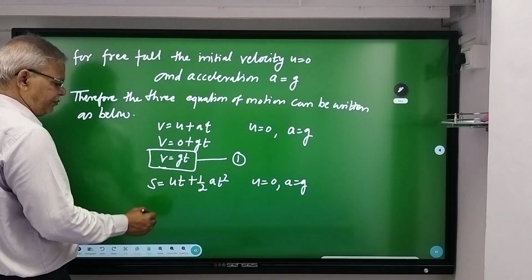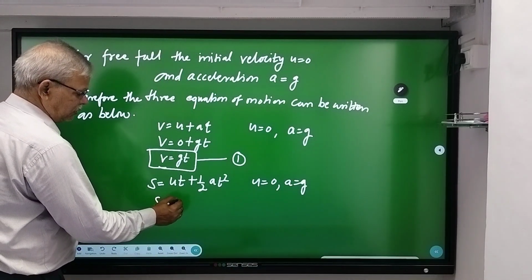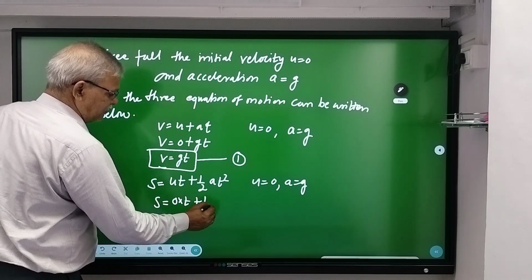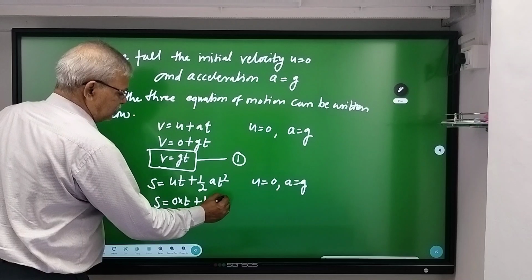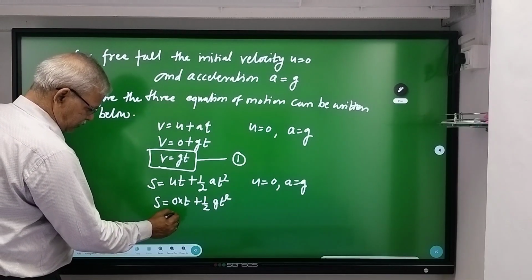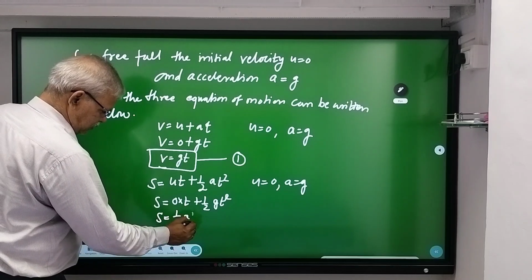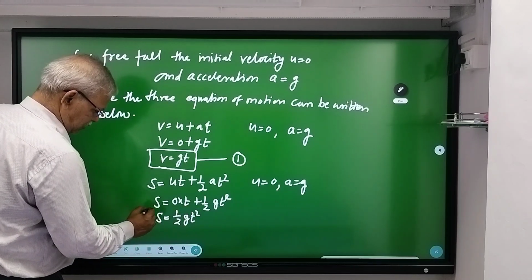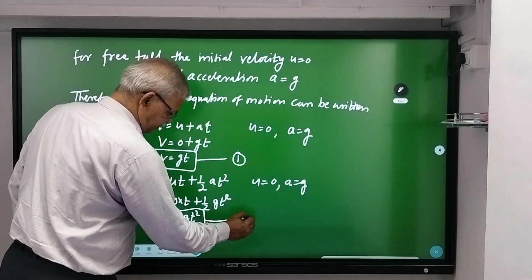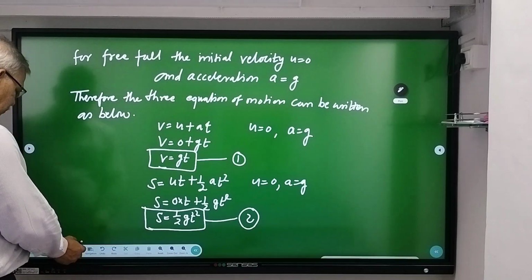What will happen? s = 0 × t + ½gt². Therefore, s = ½gt². This is the second equation of motion for a freely falling body.